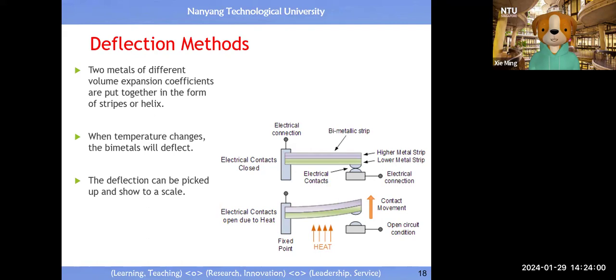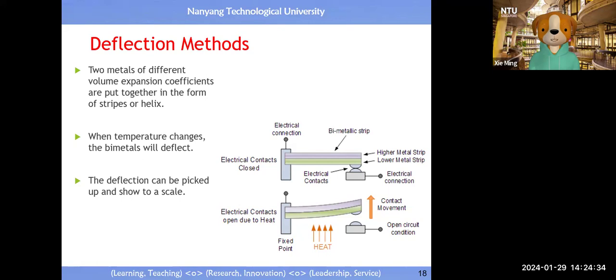This is another design principle which makes use of the different expansion coefficients demonstrated by different types of metal. So you just use two different types of metal and put them together. Due to the difference between the volume expansion coefficients, when the temperature increases, these two metals will expand differently, then you will see the deflection in a certain way, right?